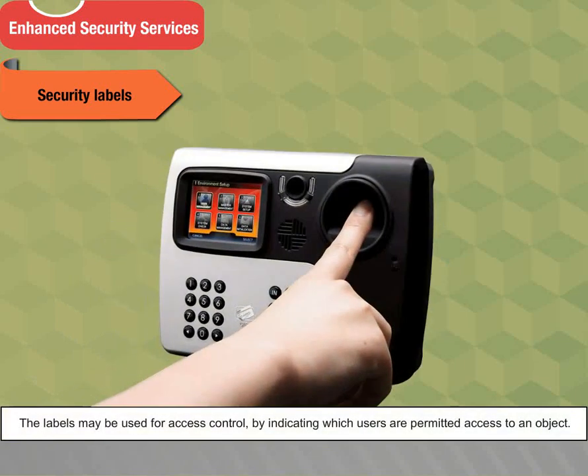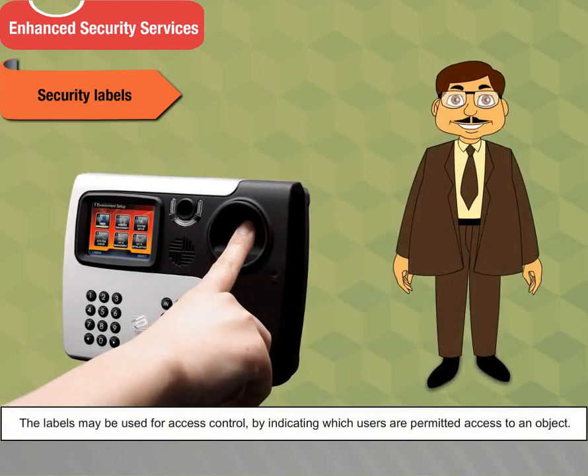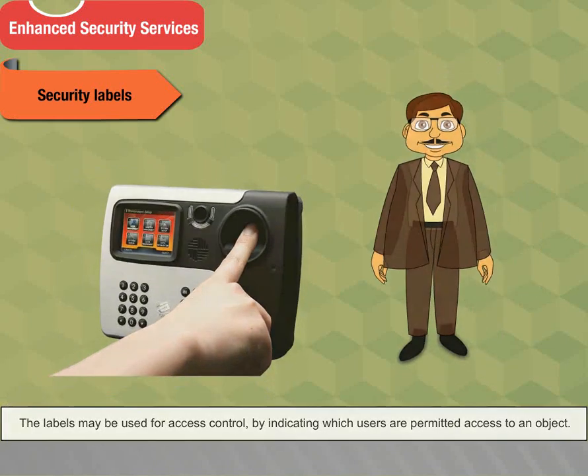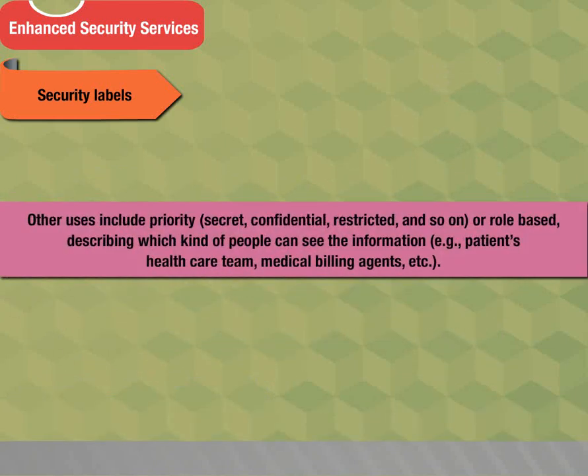The labels may be used for access control by indicating which users are permitted access to an object. Other uses include priority, secret, confidential, restricted, and so on, or role-based, describing which kind of people can see the information, for example, patients, healthcare team, medical billing agents, etc.